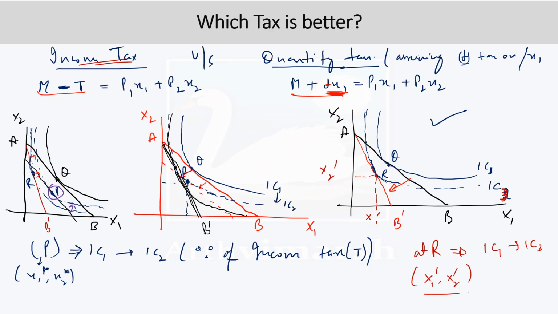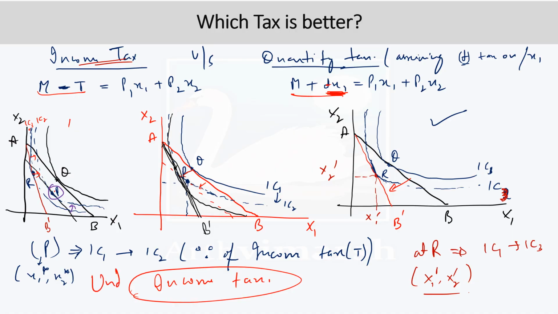This is the point P, which is on IC2, and this is IC3, which is below indifference curve 2. In terms of utility, it's yielding him less utility. So a consumer is better off under income tax. All right, so this is the key takeaway.